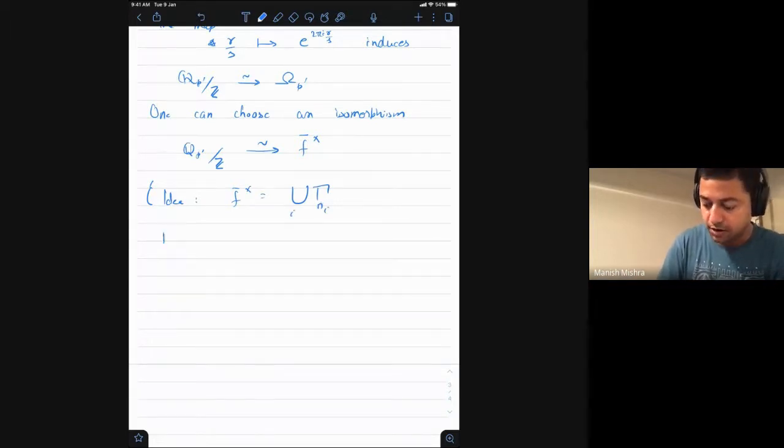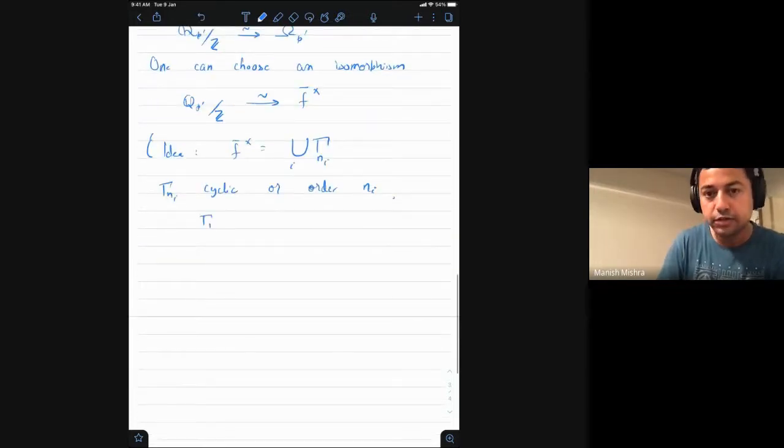So Gamma_{N_i} are cyclic of order N_i, and they are sitting inside each other, one sitting inside Gamma_{N_2}, and so on.